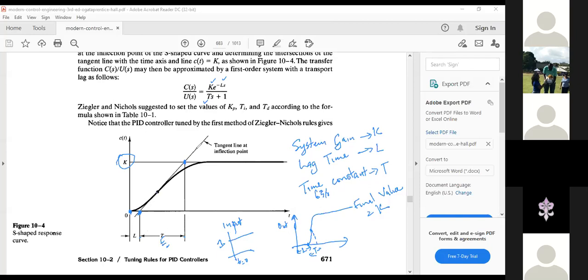Tangent line at steepest slope, and where it cuts the axis, that is your lag time. Sorry, I lost my train of thought a while ago. So I was saying, look at this a little bit, because that is your lag time. All right, so I want to do something a little bit that is not in the text.